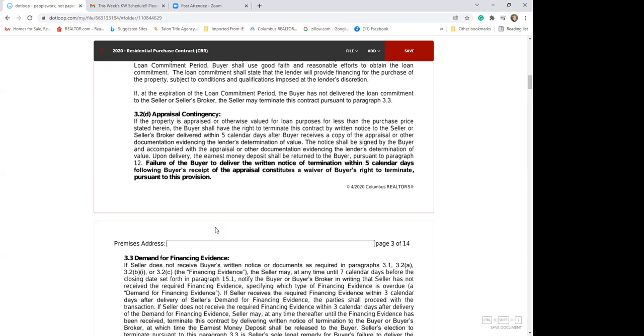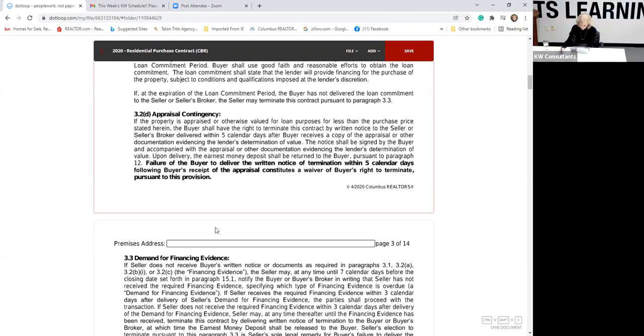Okay. So anyway, back to if the property is appraised or otherwise valued for loan purposes for less than the purchase price stated herein, the buyer shall have the right to terminate this contract by written notice to the seller or seller's broker within 5 calendar days after the buyer receives the documentation.